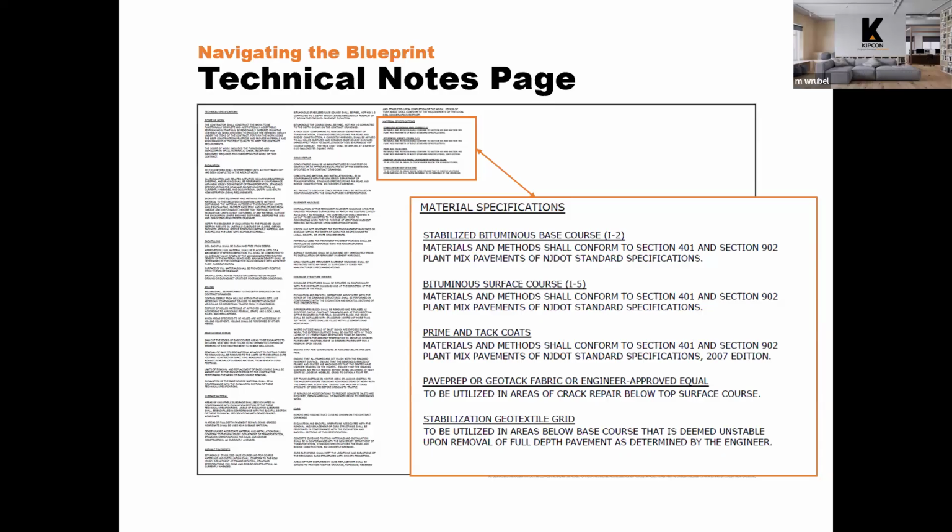So it's not just general asphalt that we're using. What type of asphalt are we using? So you'll see that the types of base course, surface course here, we're specifying the materials by referencing the NJDOT standards. So these are the type of technical information and procedural information that you'll find on the notes page following the title page.